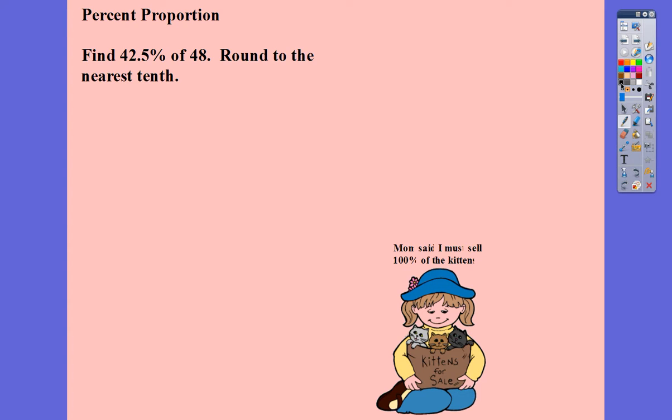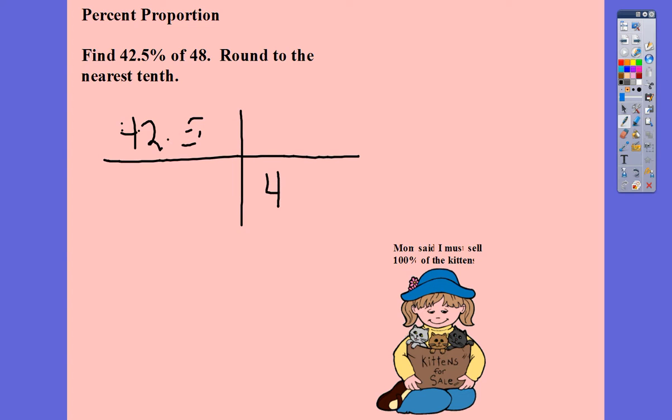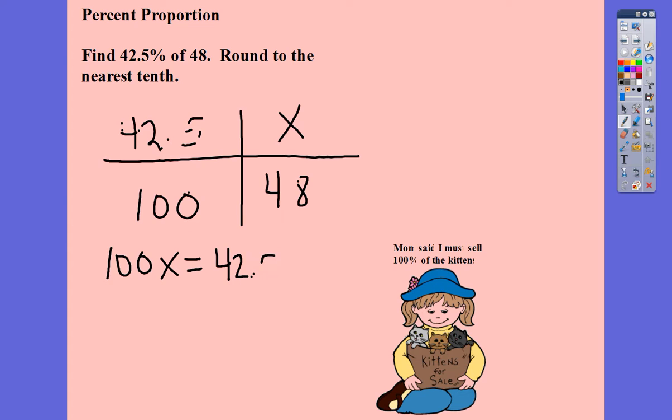Okay? All right, so we have 42.5%. And then we have of 48, and our 100 is going to go down here. And here's our x. So if we do our cross multiplying, we get 100x is equal to 42.5 times 48.